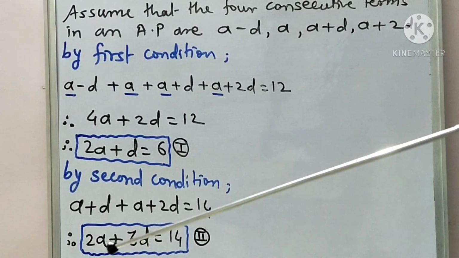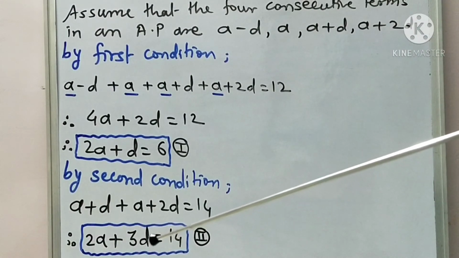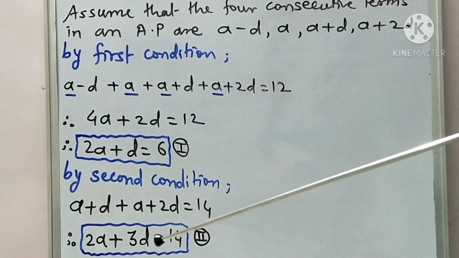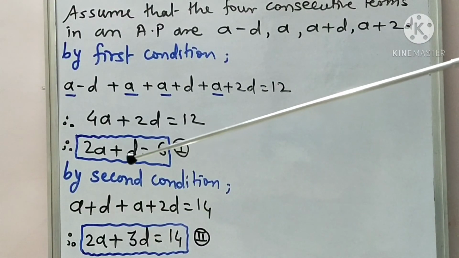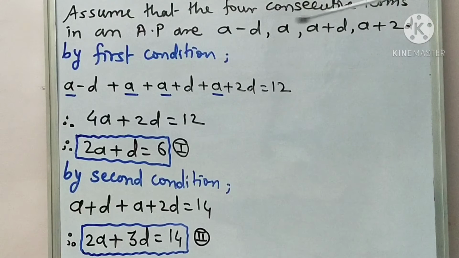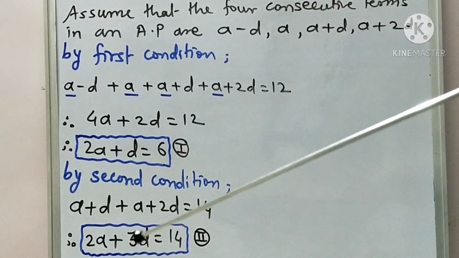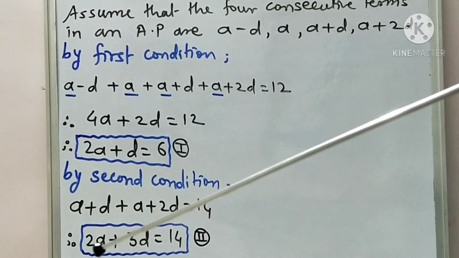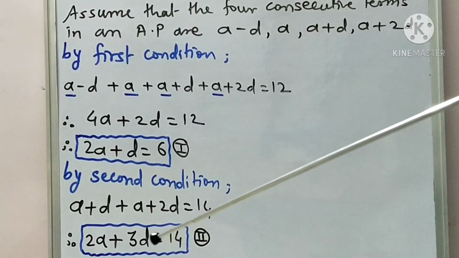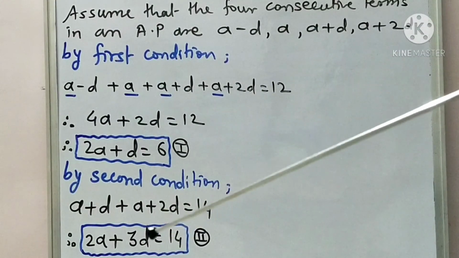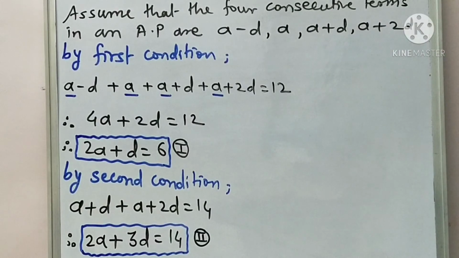So like this we find a and d by the substitution method or the elimination method, and using the values of a and d we put them over here to get the 4 consecutive terms. Okay, so pay attention here. By subtraction, we first eliminate a and find d. Then substituting d in any one of the equations, we get a, that we see here.